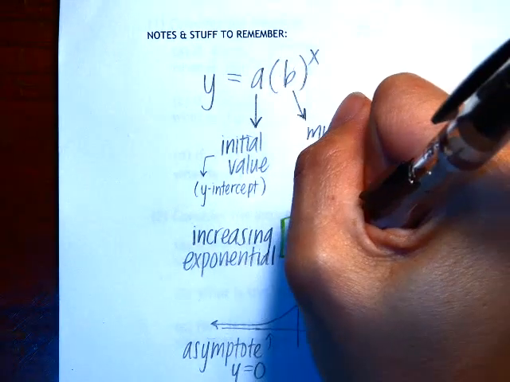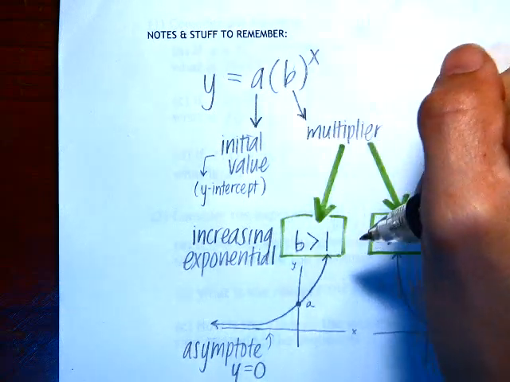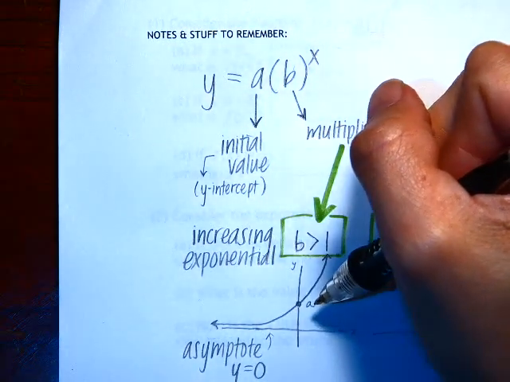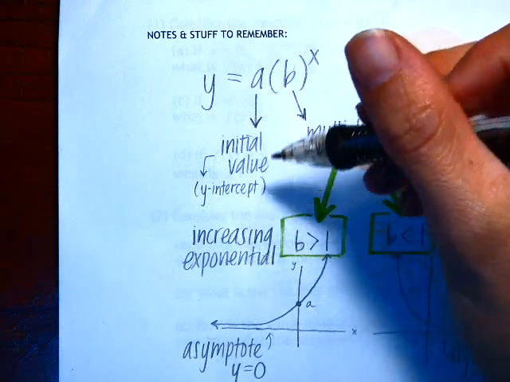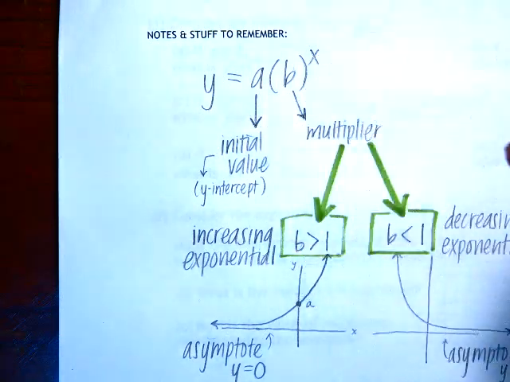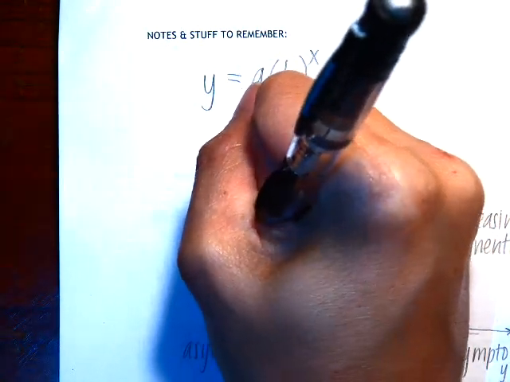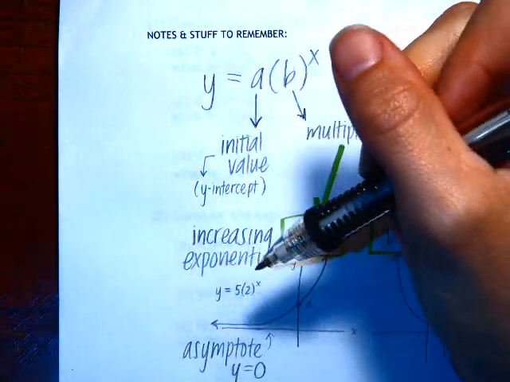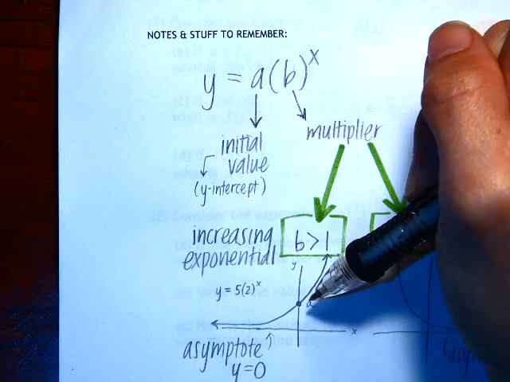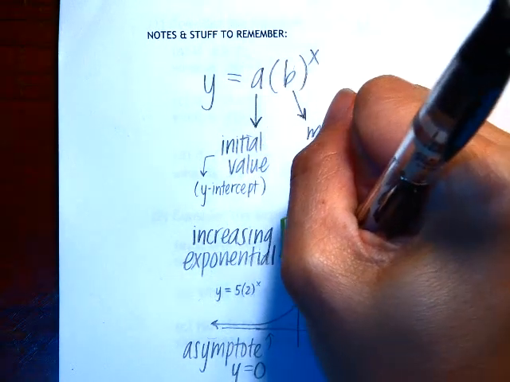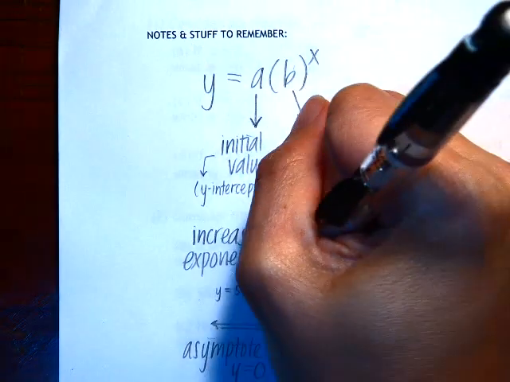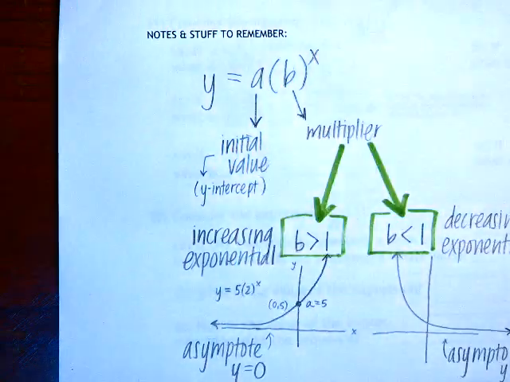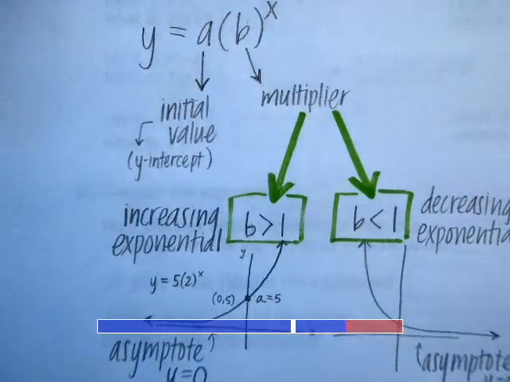So this point here, if I had just made this up, would be whatever the y coordinate of that number is, or the initial value. So if, for instance, I wrote a mock equation, let's say this was 5 times 2 to the power of x, this a, or this initial value, would just mean that the y-intercept is at (0, 5). The same thing is true of decreasing exponentials.